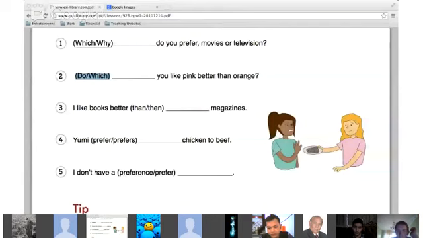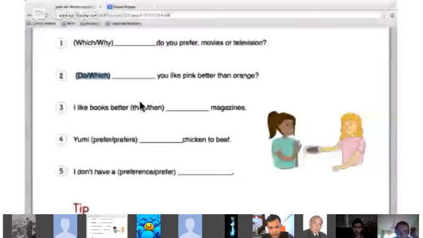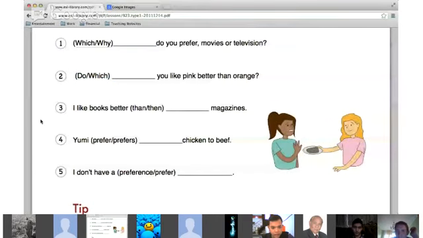Let's go to Yuri, number 3, please. Okay, teacher, I like books better than magazines. The first choice, right? Than. Excellent. Now, class, when we are comparing two things, we never use the word then.